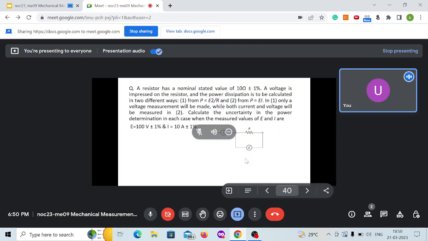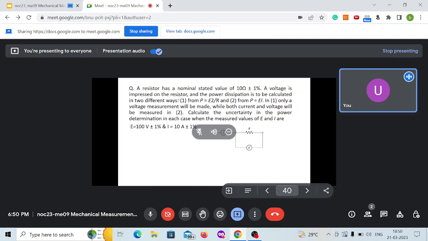So moving on, we need to find out, there's an arrangement. R is the load. You have a setup or equipment for which we need to find the power dissipated. So this is R, the load resistance. We have an ammeter which measures current, and we also have a voltmeter E which measures the voltage.